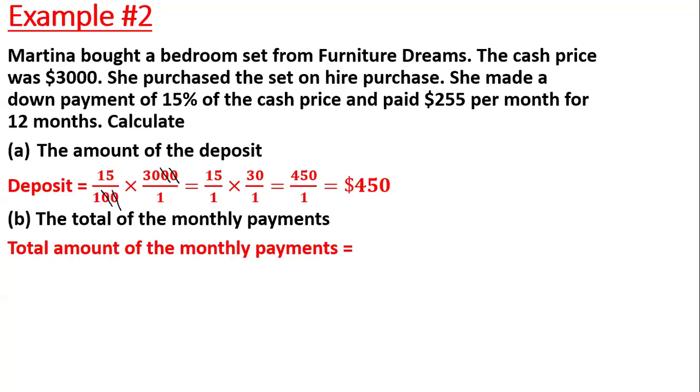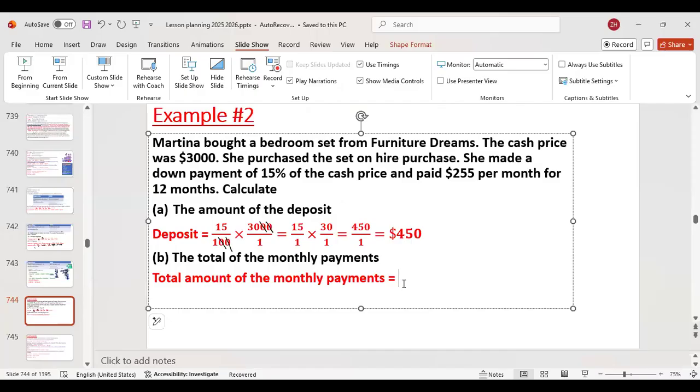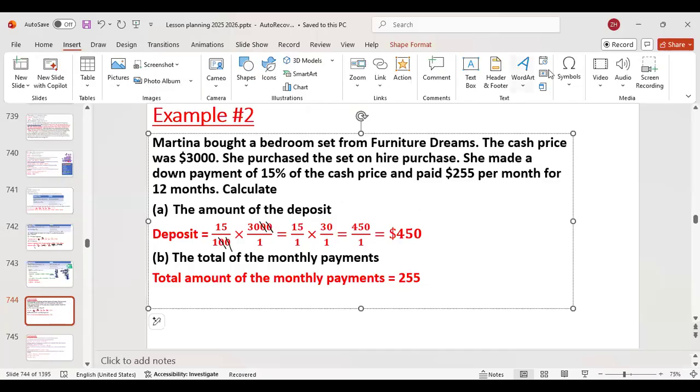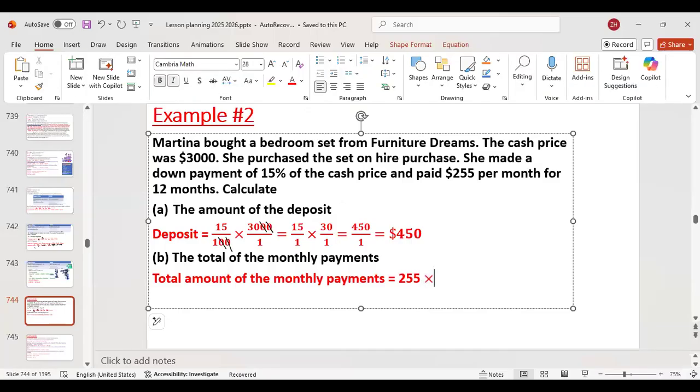Do you all agree with her? Yes, sir. Okay, so what we're going to do is multiply 255 by 12, which gives us what? 3,060.